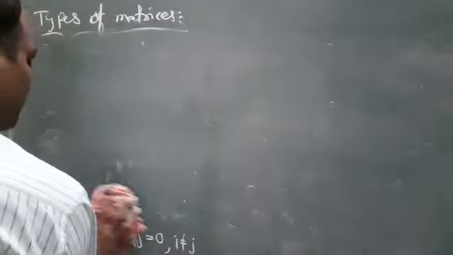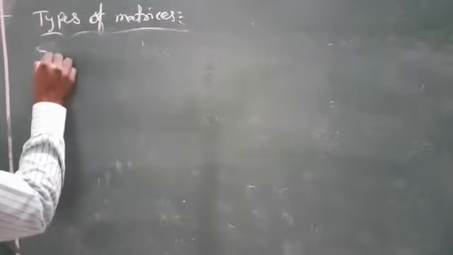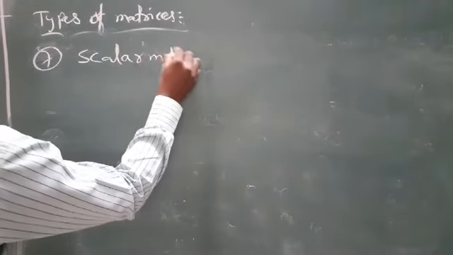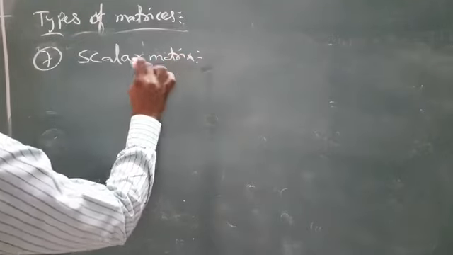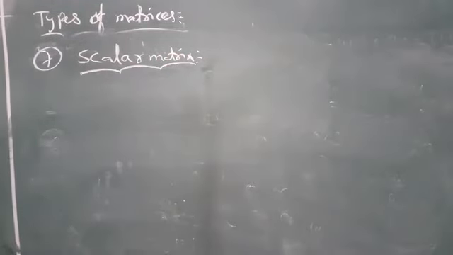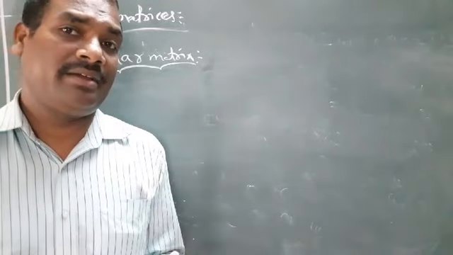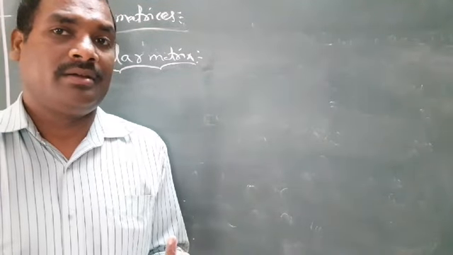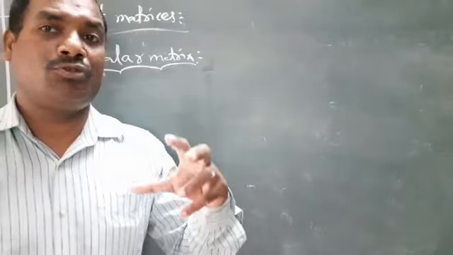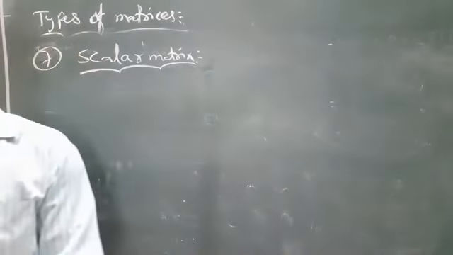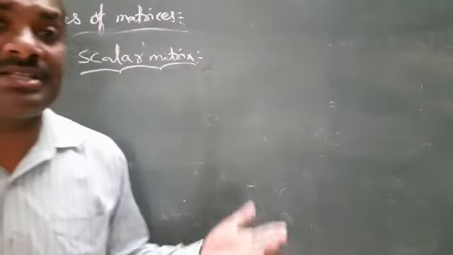Next, scalar matrix. This is also important. What is the definition of a diagonal matrix? A square matrix is said to be diagonal if the elements of the principal diagonal are not equal to zero and the remaining elements are zeros.